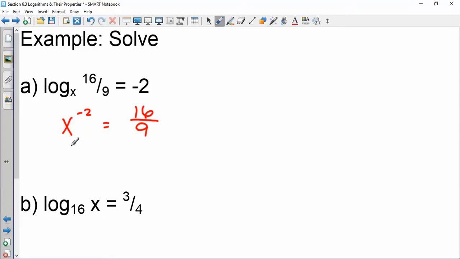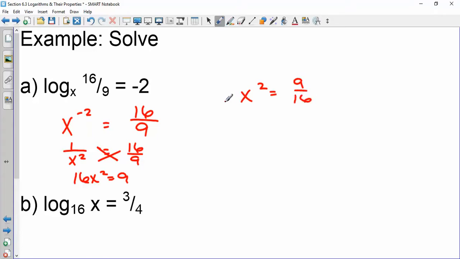What does a negative power do? 1 over x squared. So then what could you do? Cross multiply. Divide by 16. To get rid of a square, square root plus and minus. Square root of 9 is 3, square root of 16 is 4. So I get positive and negative 3/4. Are both of those answers okay? No. We can only have the positive because the base has to be positive.